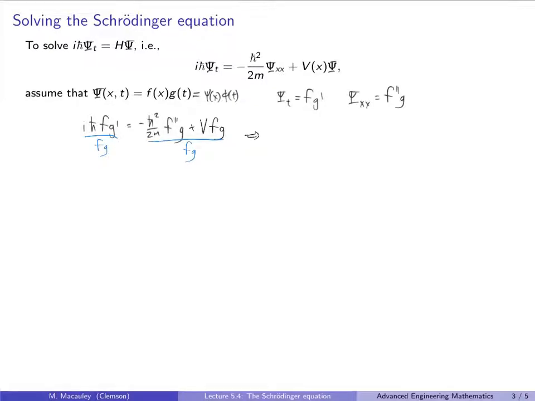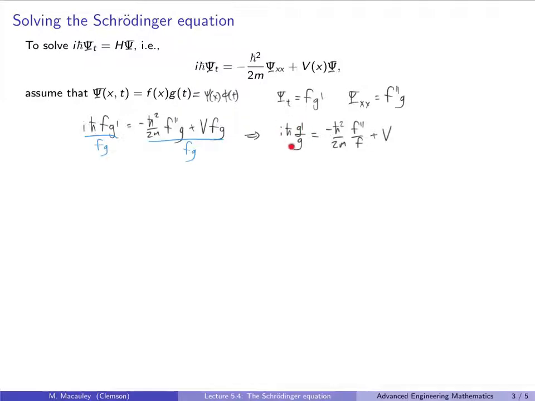So the left-hand side is i h bar times g prime over g, and the right-hand side is negative h bar squared over 2m times f double prime over f plus V. So we have successfully separated variables.